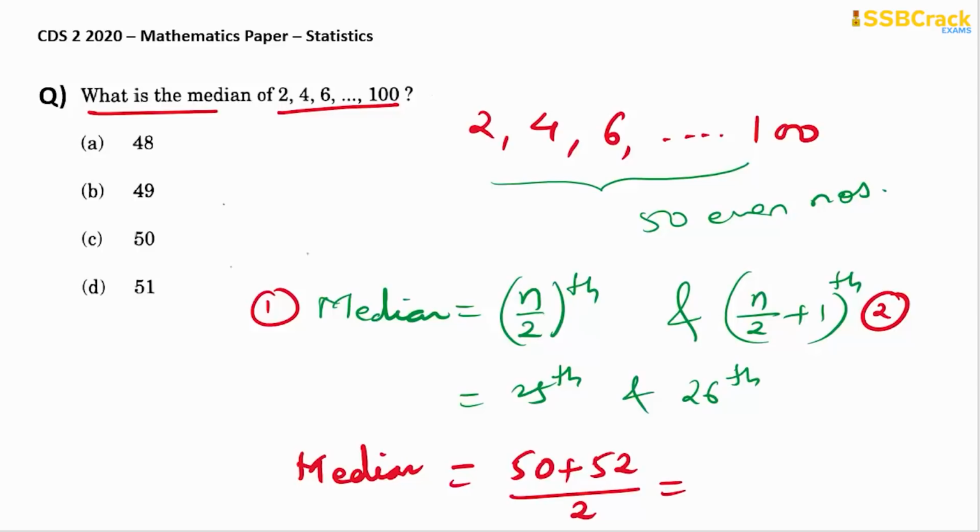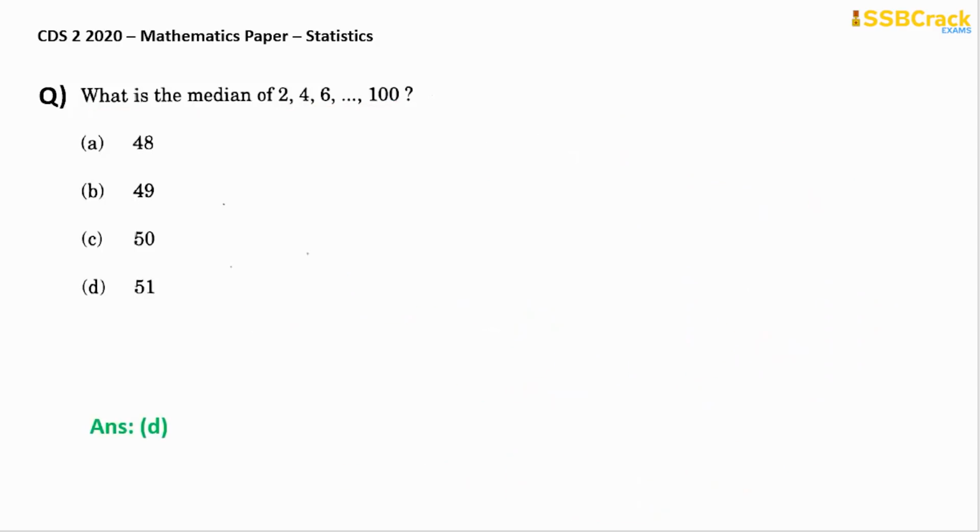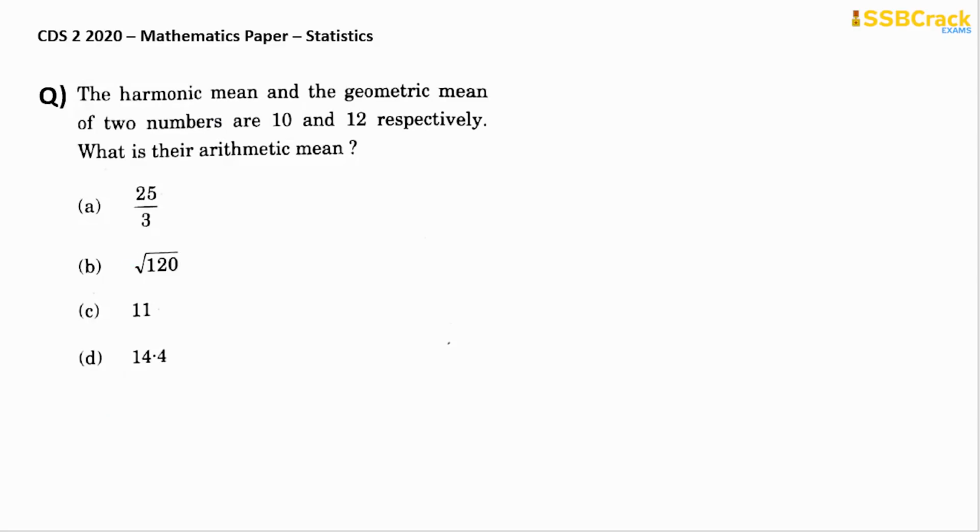So the median is the average of these two medians. So what do you get? So this will be 102 by 2, that is equal to 51, and hence the answer for this particular question becomes option D.